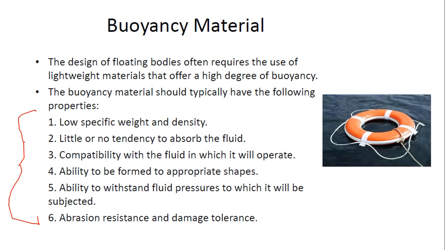Like a coconut, a coconut can float. Why? Because inside the coconut there is a hollow area, and that area helps the coconut to remain buoyant in the water, even though it is heavy.